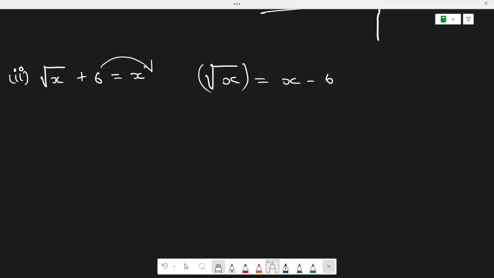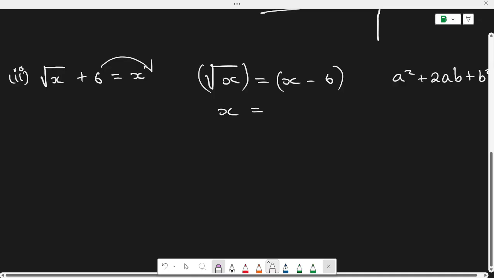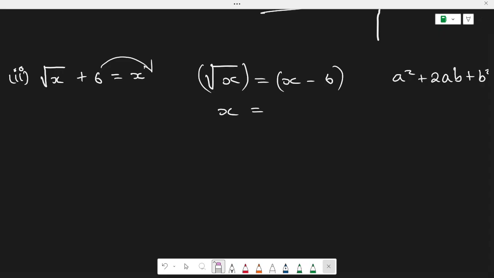Then we square both sides, and this is going to give us x. And on the other side, remember that equation, a squared plus 2ab plus b squared. If you memorize this equation, it's going to help you out a lot. So we'll take our a to be x and our b to be -6.